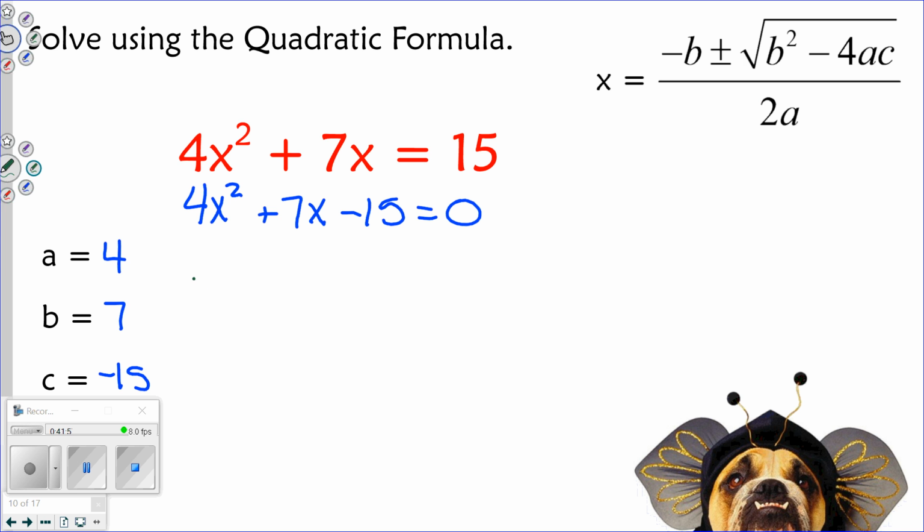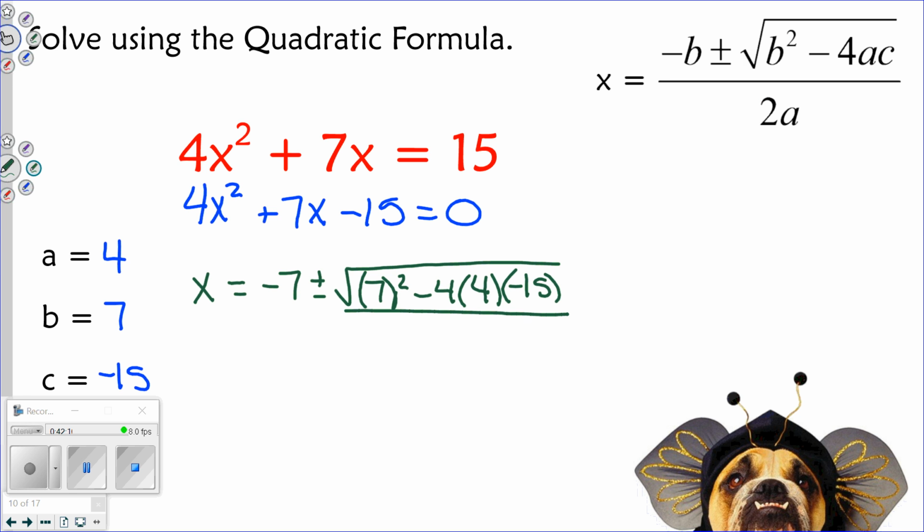All right, so x equals negative B, negative 7, plus or minus square root of B squared minus 4 times negative 15, all over 2 times 4. Okay? Set up right. Then we clean up under the radical.